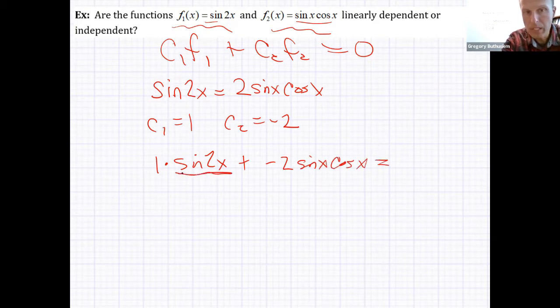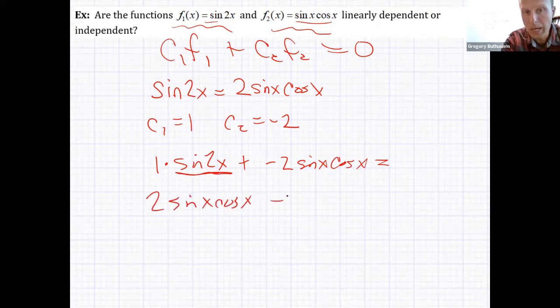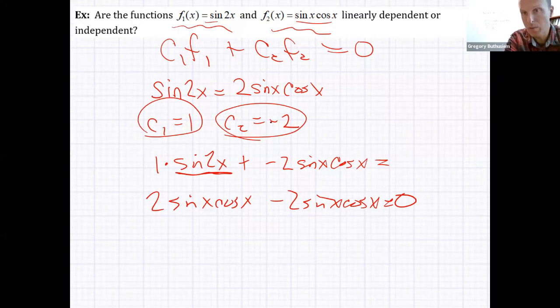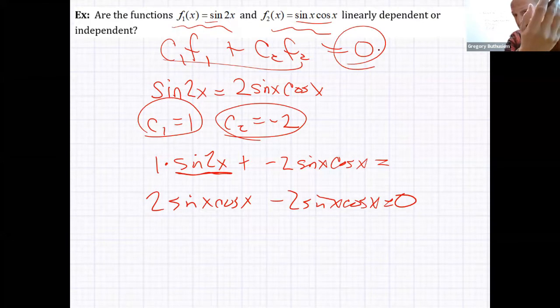Well, remember, this is the double angle, which is the same thing as 2 sine x cosine x minus 2 sine x cosine x. They cancel each other out, and clearly you're going to get 0. So was there a C1 and C2, both not equal to 0, such that we can make this linear combination equal 0? Yeah. So what are they? They're linearly dependent. Pretty easy one.